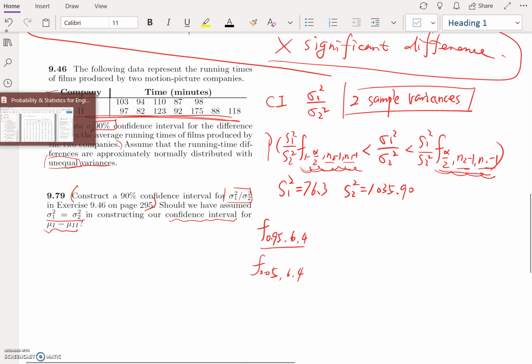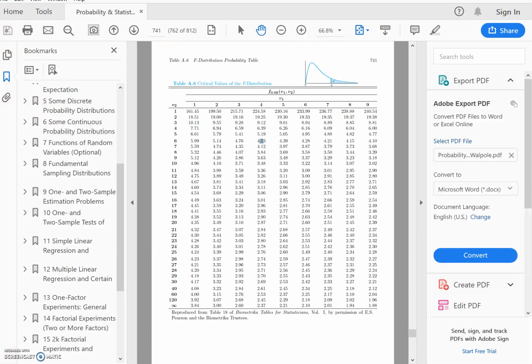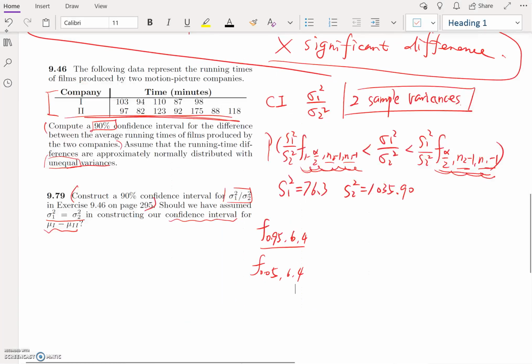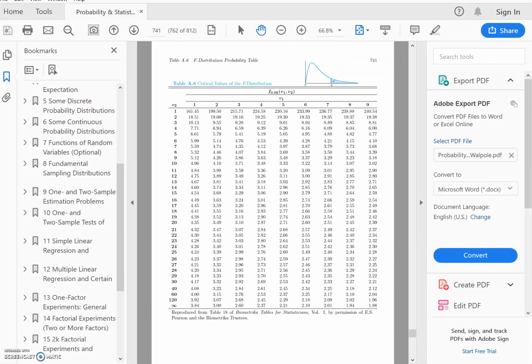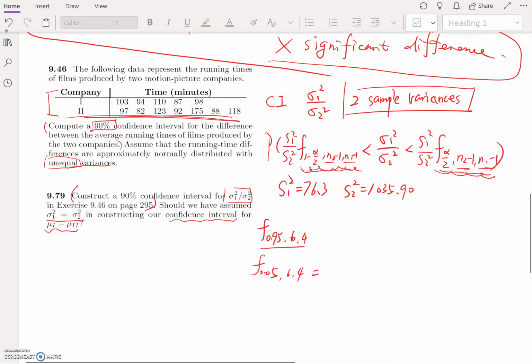So I'll look through the table here. For alpha value 0.05, what we need is 6, 4, right? 6, 4 here, 6.16.